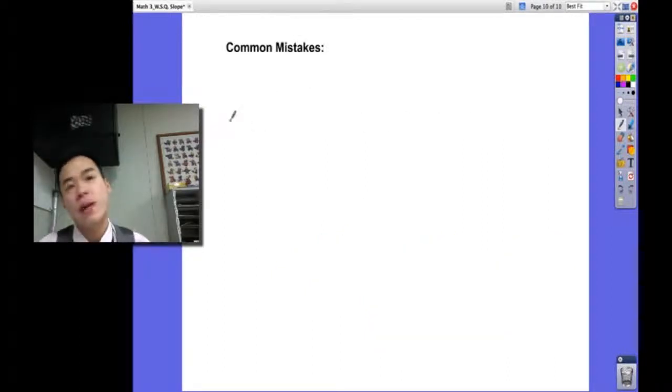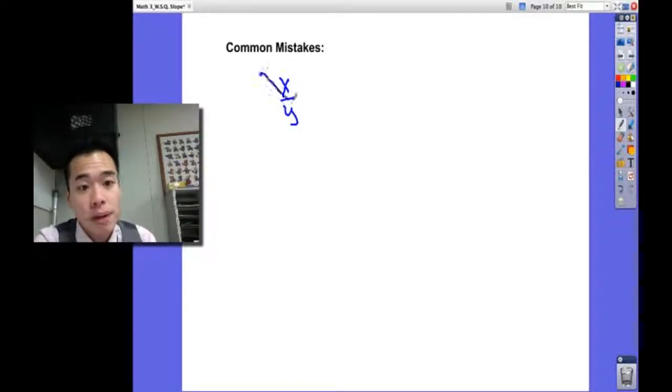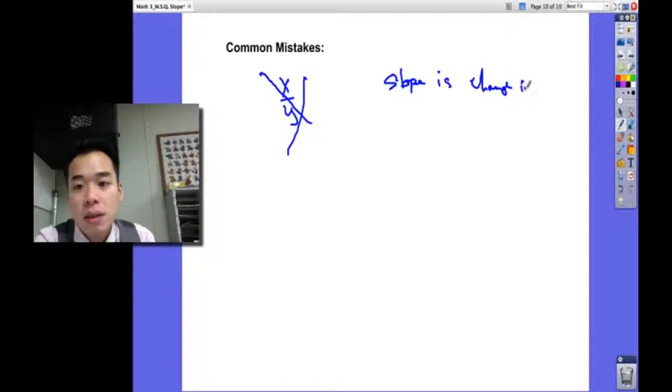That's pretty much it for the lesson on finding slope. Let's talk about some common mistakes. A common mistake that a lot of students make at first when finding slope is they do x over y. Remember, that is not how you find slope. Slope is the change in y over the change in x.